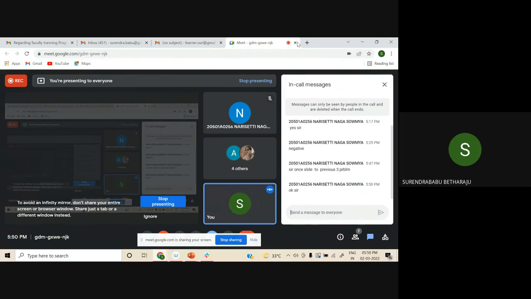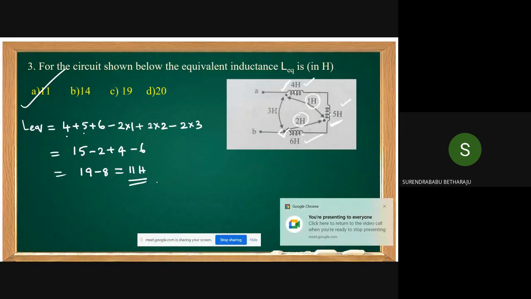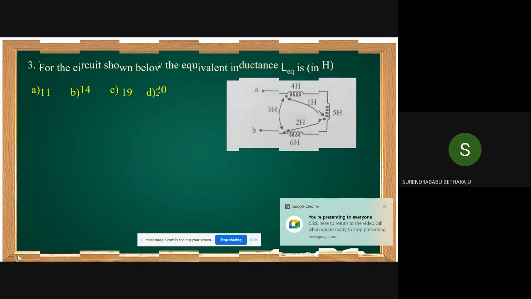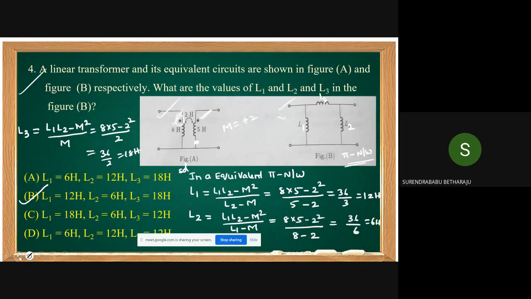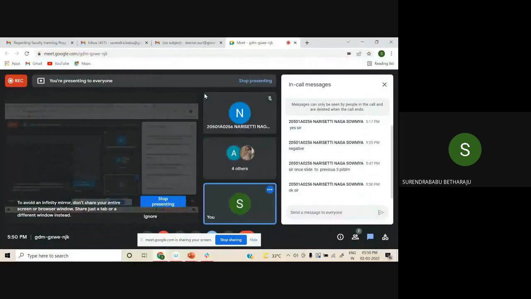Now, okay. Have all of you understood this one, students? Can anybody answer this question?